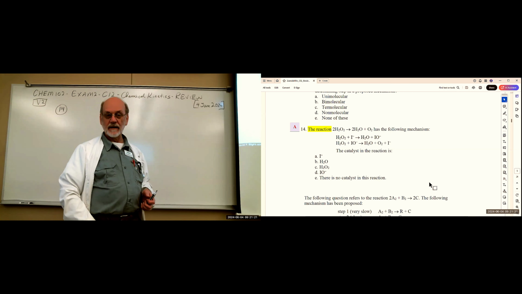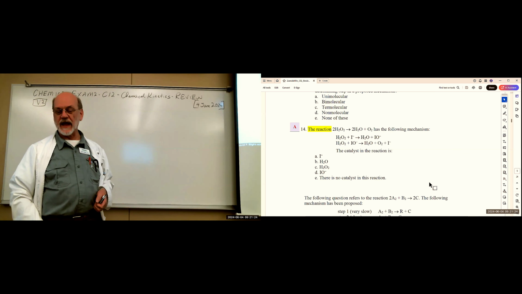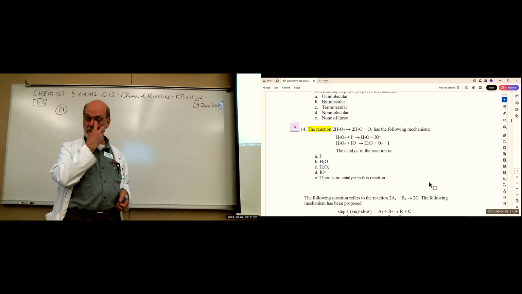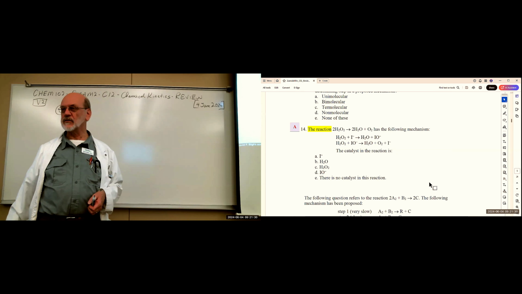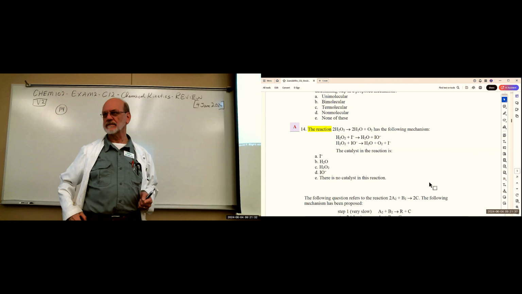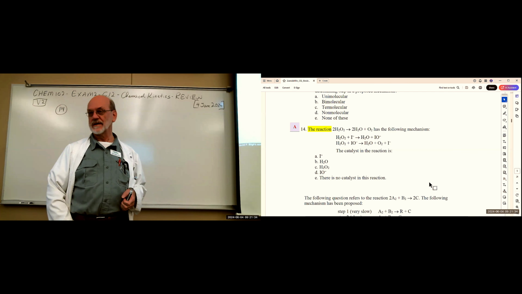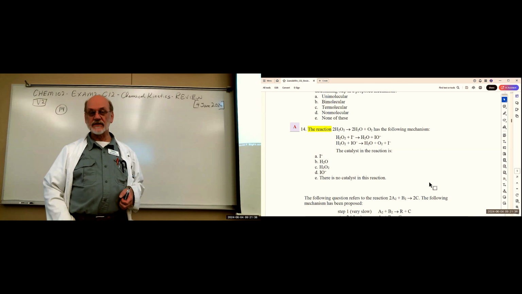Okay. So what's the catalyst in that reaction? It's the one that comes in one end and goes out the other. Looks like it didn't even change. Right. For the overall reaction, it's not even listed.